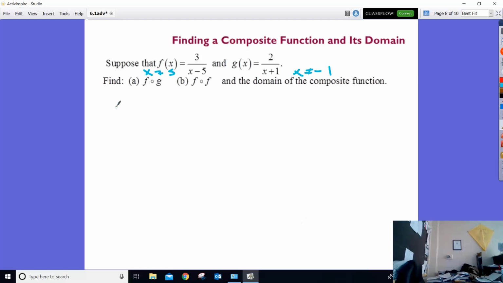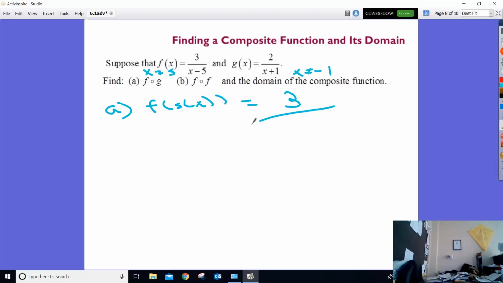Now f of g. That x right there that I'm pointing at, what's it going to become? 2 over x plus 1. That x right there becomes 2 over x plus 1.